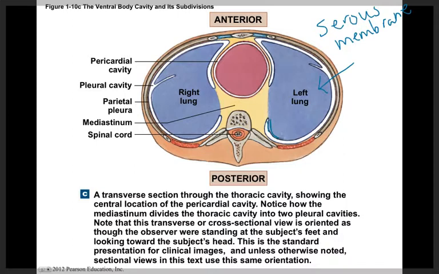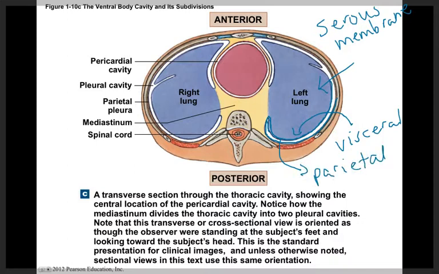On one side we have a lining that lines the lung pretty tightly, and then on the outside we see that there's another lining that kind of lines the outside of the cavity itself. And so there's two different layers of this serous membrane. The innermost layer is called the visceral layer, and the outermost layer is called the parietal layer.